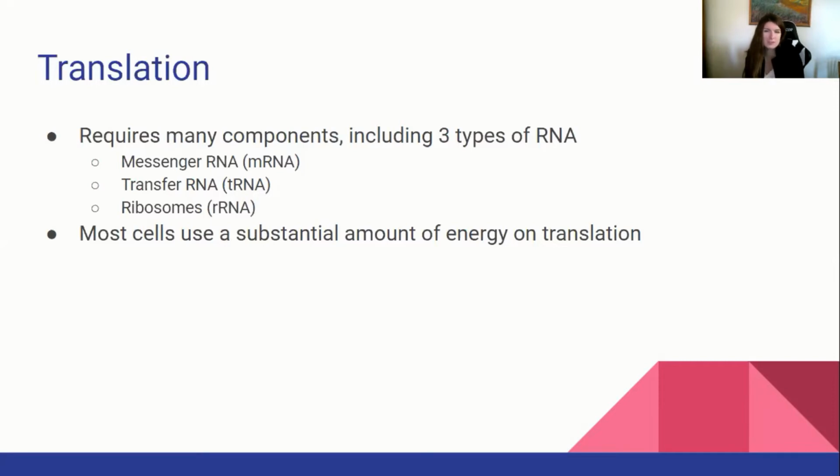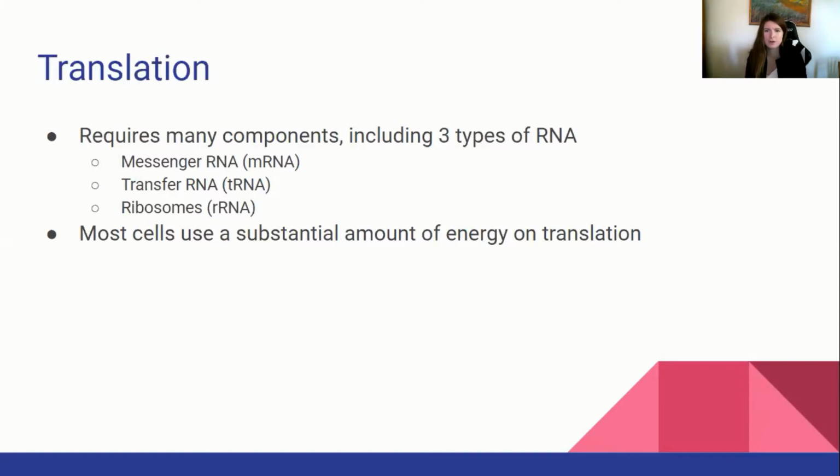Three of them are different types of RNA. So we've seen our mRNA, our messenger RNA already. That's coming out of the nucleus. It's basically our copy of DNA in RNA form. That's going to give us the code for how to build this protein. We're also going to need to use transfer RNA, a special RNA that carries amino acids to the ribosome.